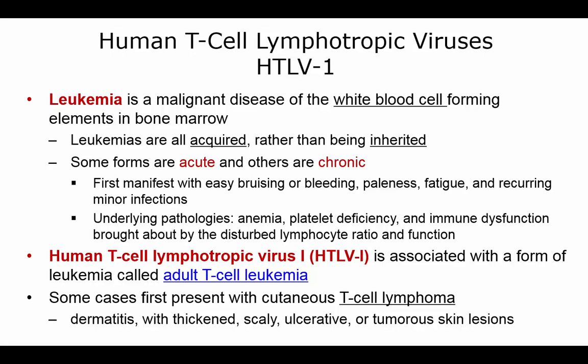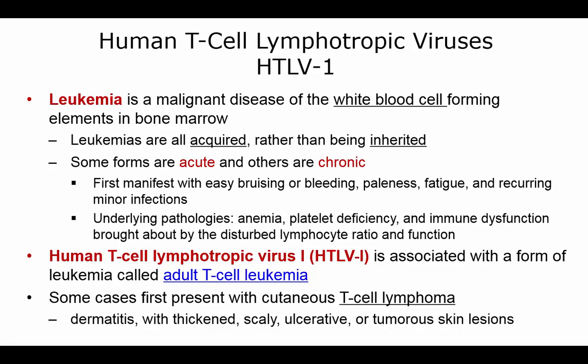Usually the first signs are easy bruising, bleeding, paleness, fatigue, and recurring minor infections. Underlying pathologies include anemia, platelet deficiency, and immune system dysfunction because you've disturbed the lymphocyte ratio and function.